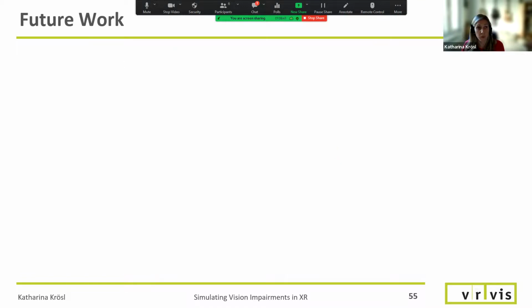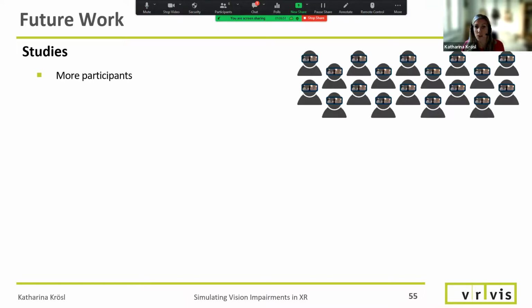And this brings me to future work. As mentioned, we need to run larger studies with more participants in future work. We actually had an ethics approval for such a study, where we also planned to include medical data such as slit lamp images of eye lenses and compare findings from these data to our study results.